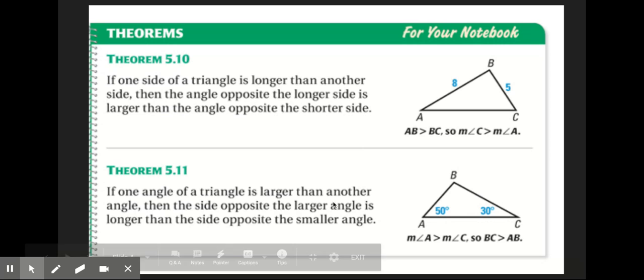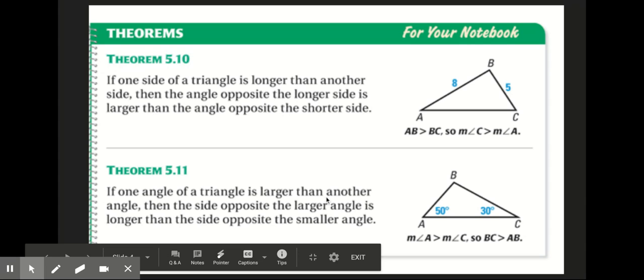So these are the theorems that we would want to write down about this. If one side of a triangle is longer than another, then the opposite angle must be larger than the other. If one angle of a triangle is larger than another, then the side opposite the larger angle is going to be longer than the side opposite the smaller angle.